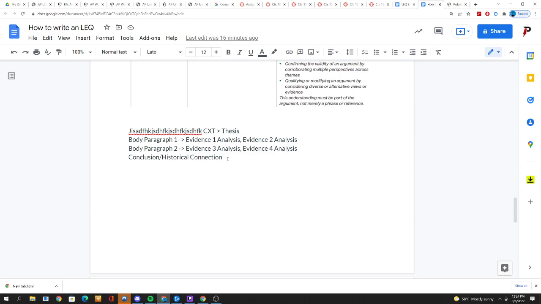You don't have control over who the AP person is grading your test. You have no idea who this person is. And of course, there are going to be several people grading your test, but you want to prevent them from being angry. So what I suggest you do is do not do politically charged events past the 1992 era, and this is the end of the Cold War for people in APUSH, AP World, and AP Euro.